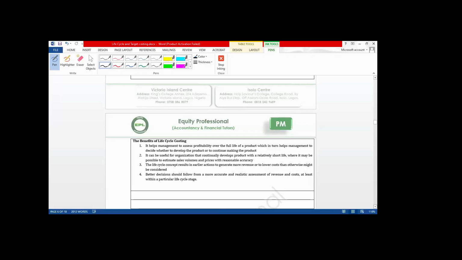It enables a company to charge appropriate selling price that will generate more revenue. And lastly, life cycle costing helps management to make a better decision.